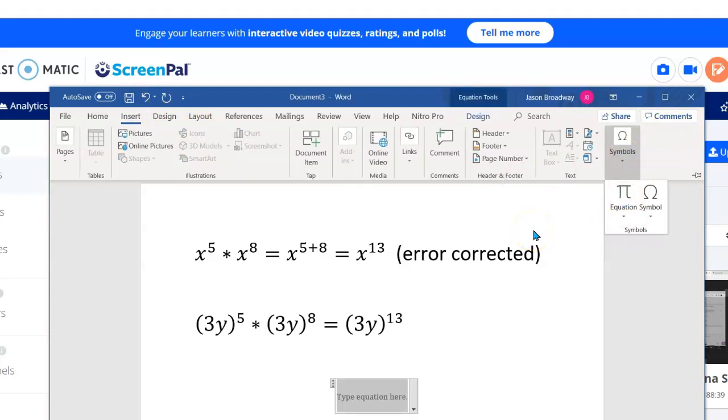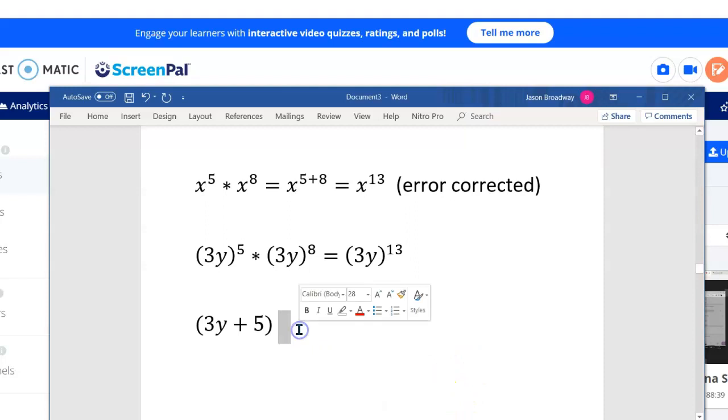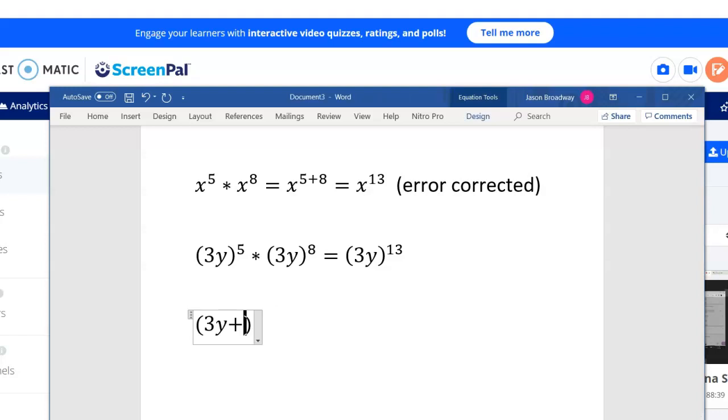So, for example, what if I have 3y to the 5th? I need to scroll down the page, and you all might not be able to see this. Instead of 3y, what if I do 3y plus 17z, just something convoluted? Just some convoluted thing to the 5th times that same convoluted thing raised to the power of 8.